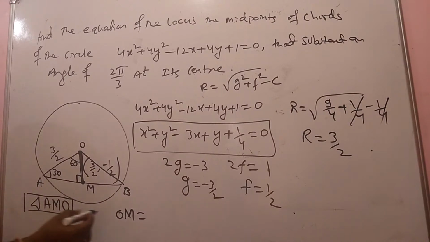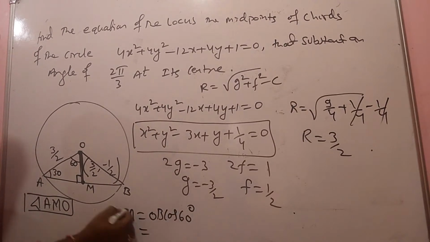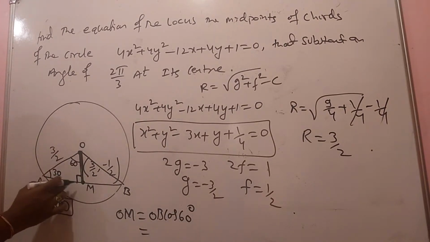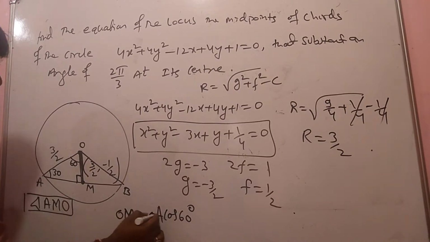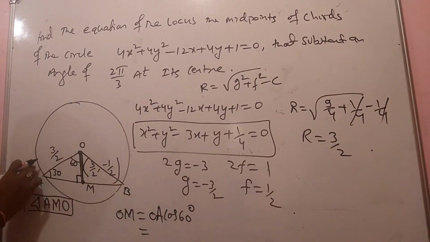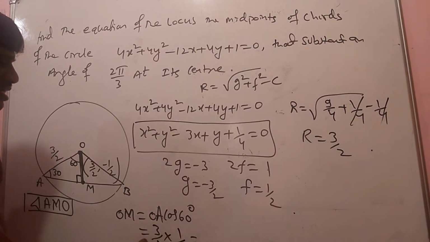OB cos 60 degrees. OB length is how much? OA. Yeah, OA cos 60. OA is how much? 3 by 2. Cos 60 degrees is how much? 1 by 2.